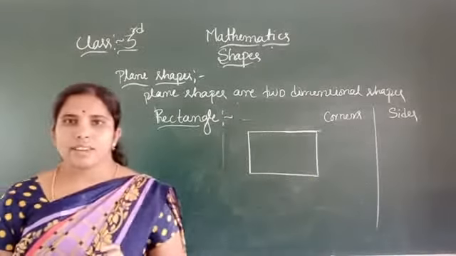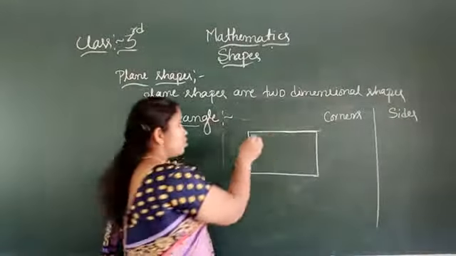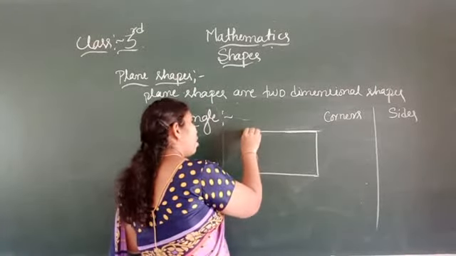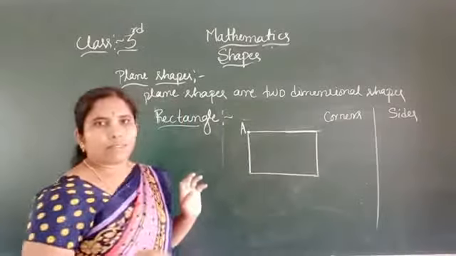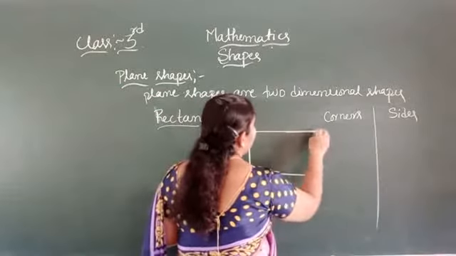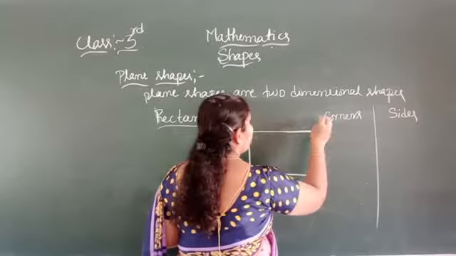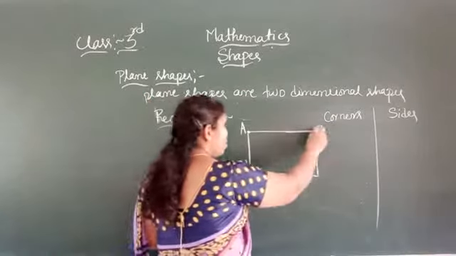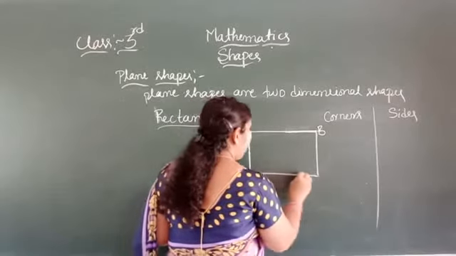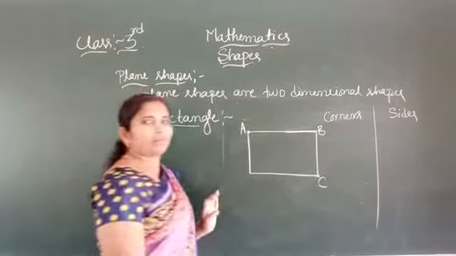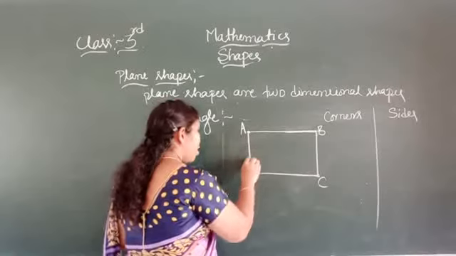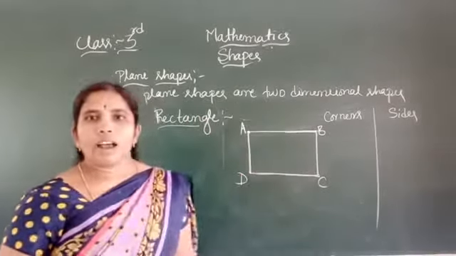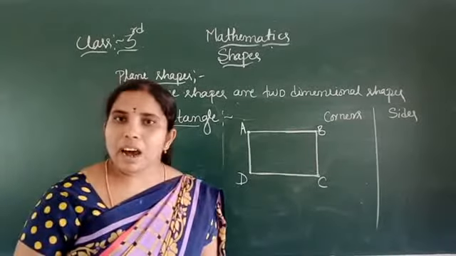Observe. These two lines meet at a point and form corner A. These two meet and form corner B. These two lines meet at a point and form corner C. Then these two lines meet at a point and form corner D. So how many corners are there?